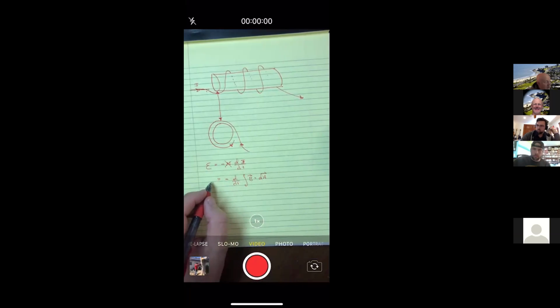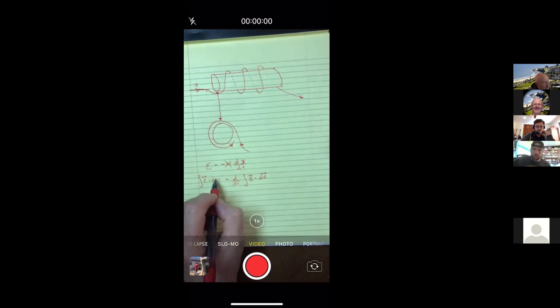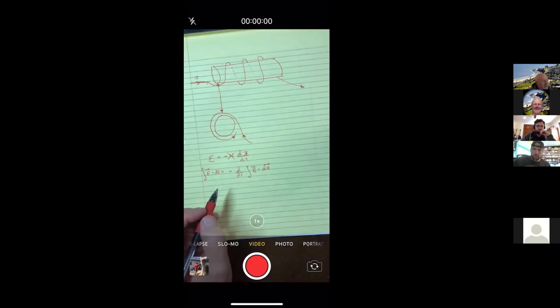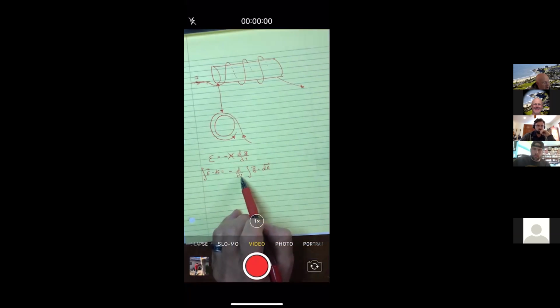Then on the other side, we write the EMF as an integral of an electric field. And that's going to be the key step, because what I keep saying is a changing magnetic field makes an electric field.